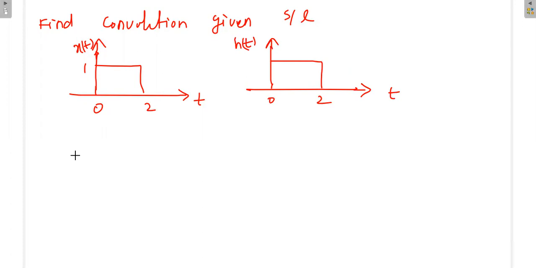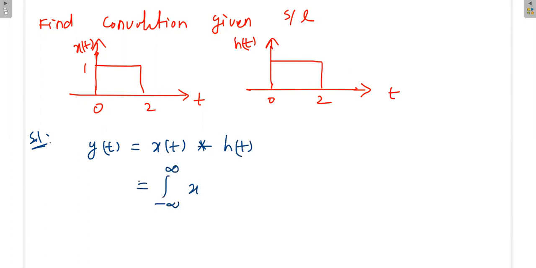We want to find the convolution of both, that is y of t is equal to x of t convolved with h of t, which is the integral from minus infinity to plus infinity of x of tau h of t minus tau d tau.